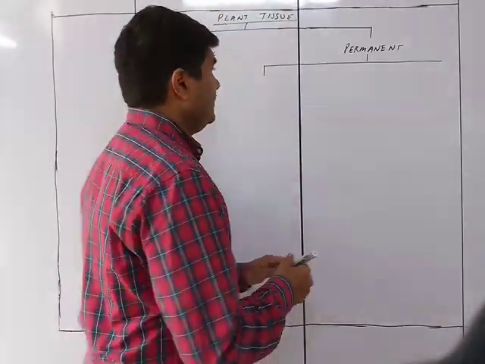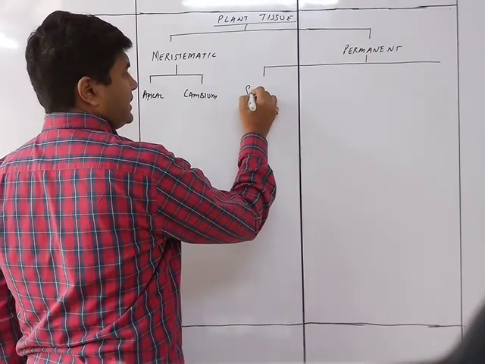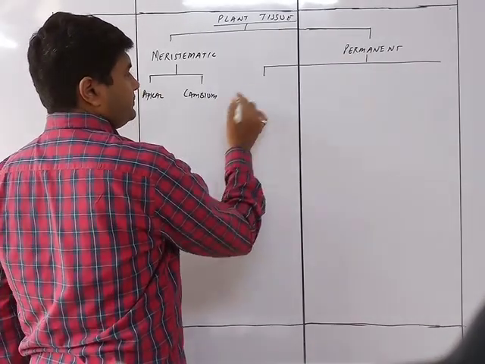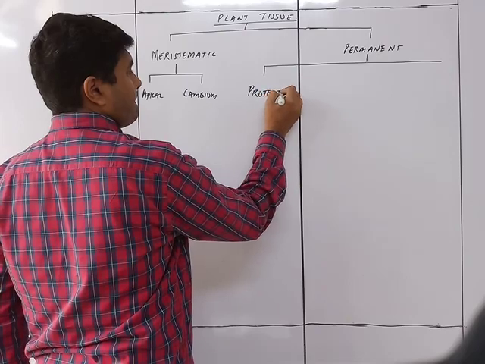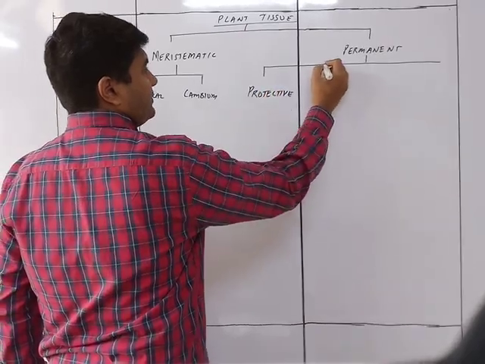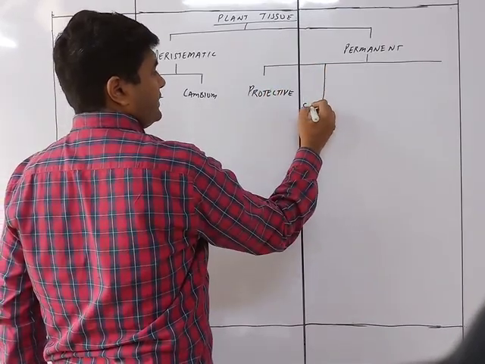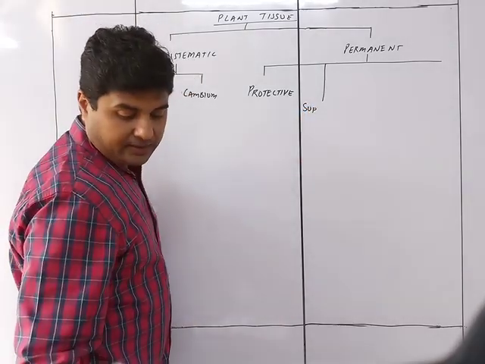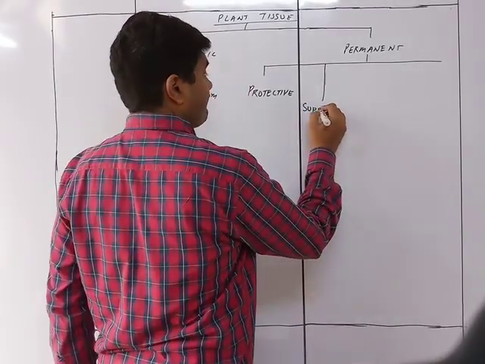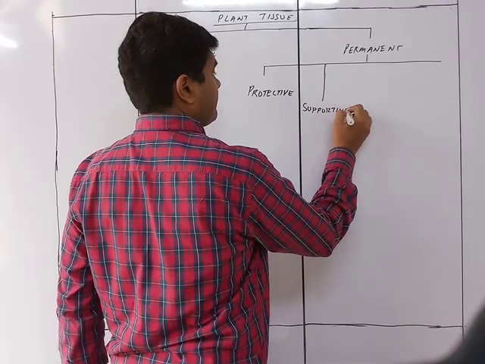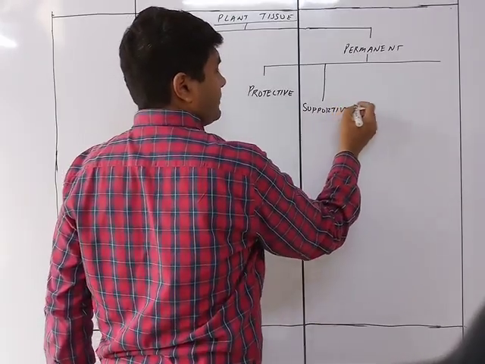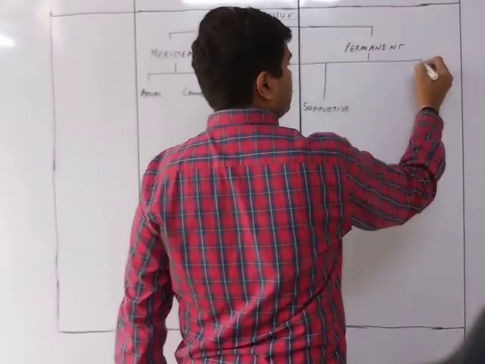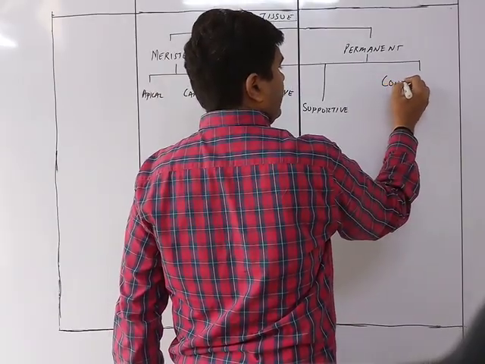So we see over here the permanent tissues are protective, the next one is supportive, and the last one is conductive.